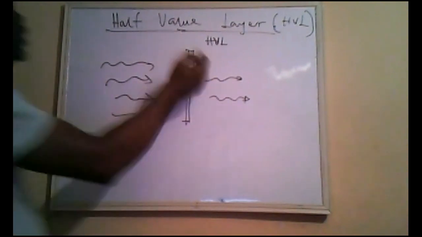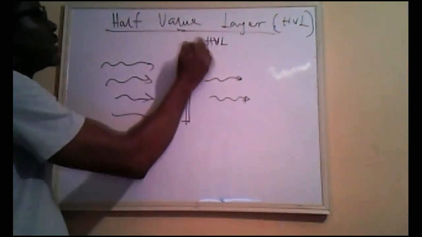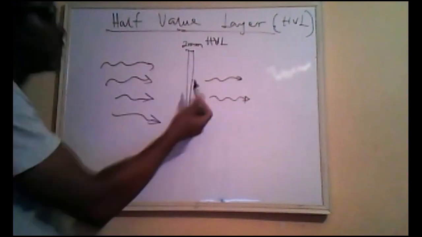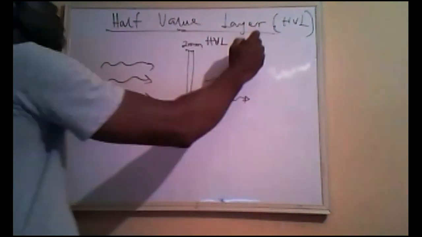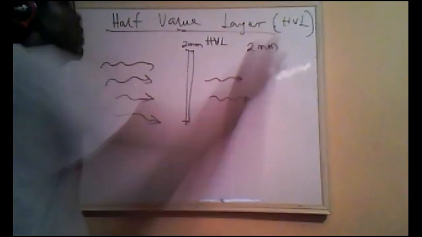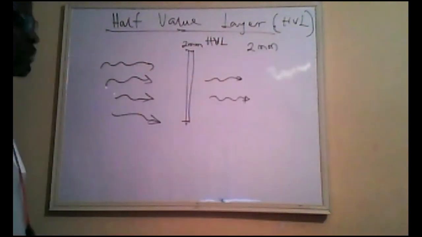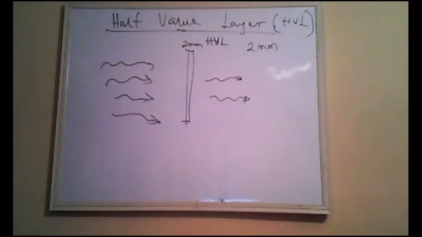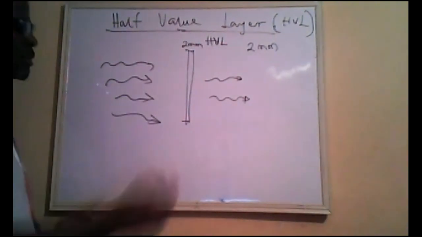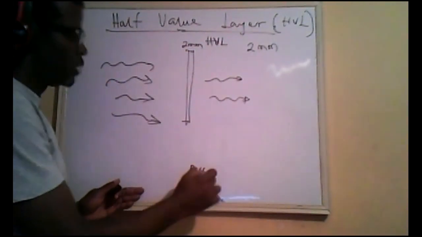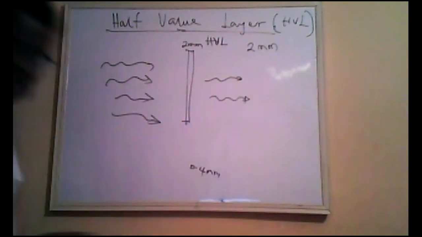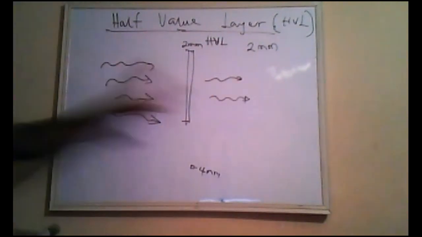If this is aluminium and this is 2 millimeter, it means the HVL of this aluminium for that particular energy is 2 millimeter, and so on. If we are looking at lead, of course, we know that it has to be smaller, maybe around 0.4 millimeter, to reduce this by 1/2.